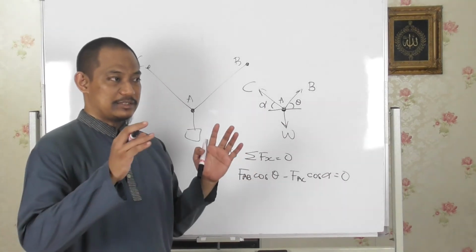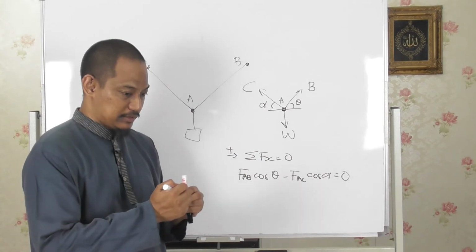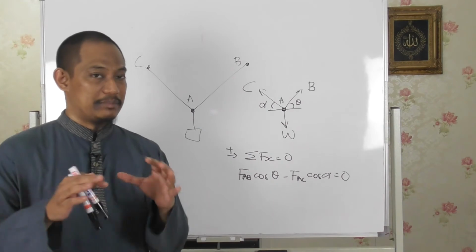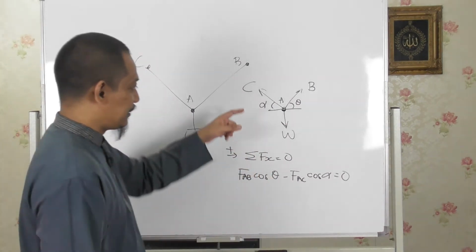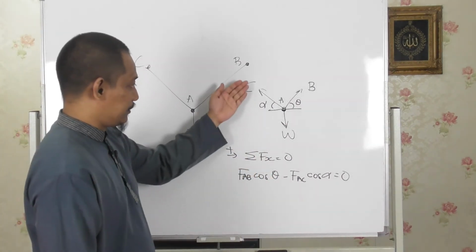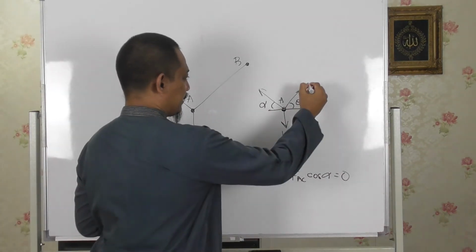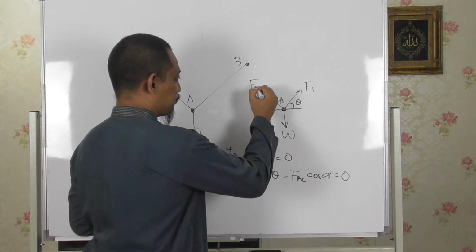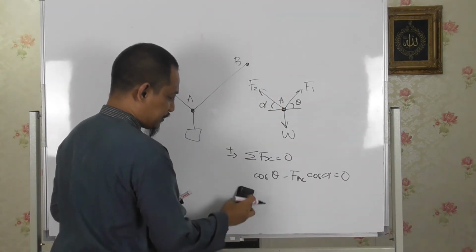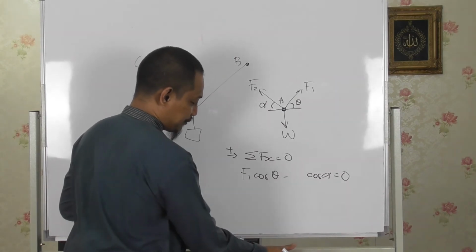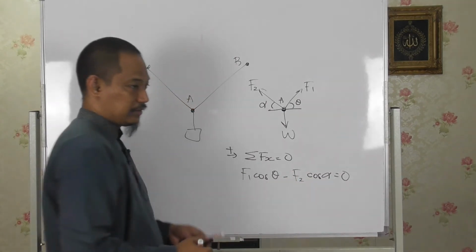So there's something you should really understand when you do a free body diagram, right? The label is the label of the force, meaning we give the name of the force. If I label this as F1 and this F2, then here should be the same, F1 and F2, for example, and so on.